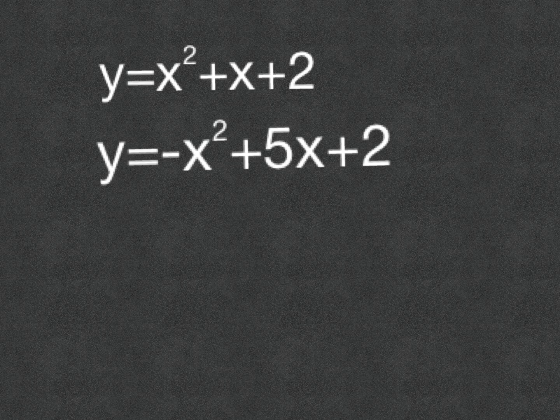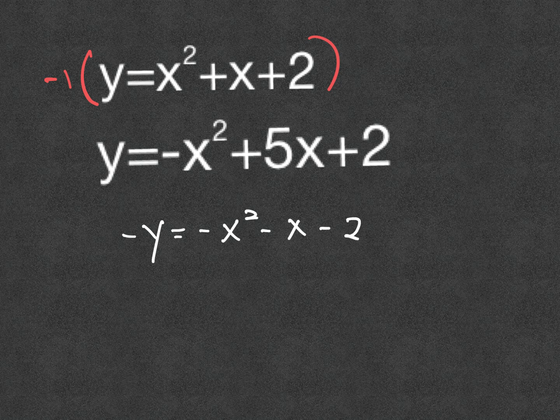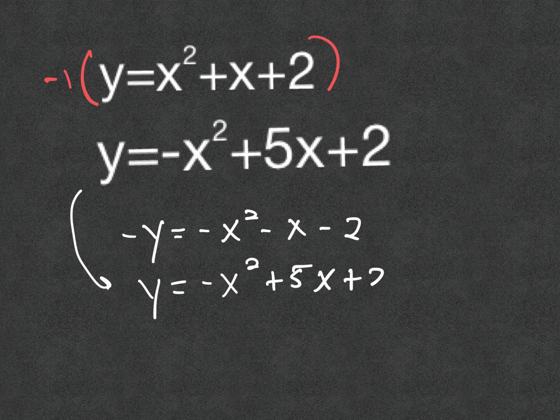So I'm going to make the first one negative. If I multiply everything by negative 1, I get negative y equal to negative x squared minus x minus 2. The second equation is not changed: y is still equal to negative x squared plus 5x plus 2.